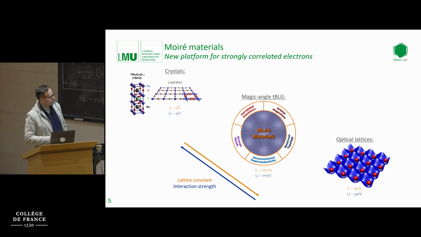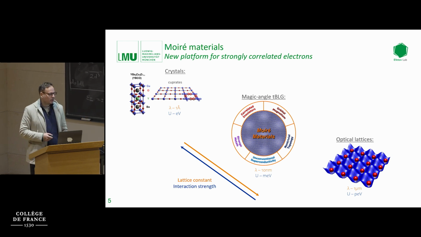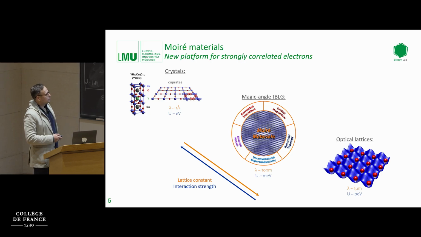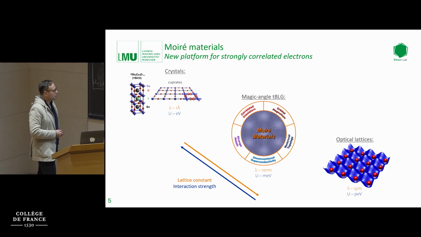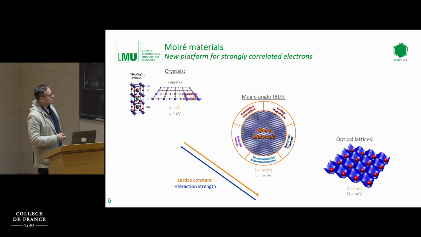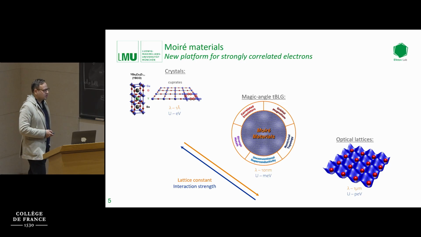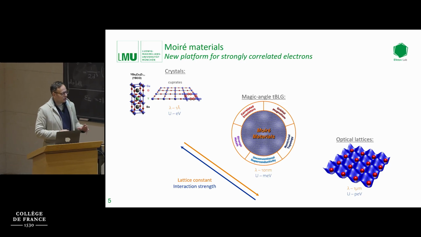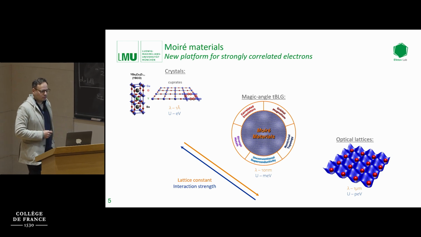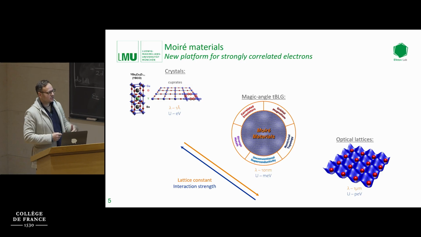Basically, with these capabilities, I will try to convince you that one can now position Moiré materials in the intermediate length scale between traditional crystals that host strongly correlated phases, such as the cuprates, where the interaction length is defined by the lattice constant, which is usually on the order of a few angstroms, and the optical lattices, which are synthetic quantum simulators, where even though we deal with a much larger artificial lattice, one has extremely rich control knobs to manipulate the quantum phases in these materials.